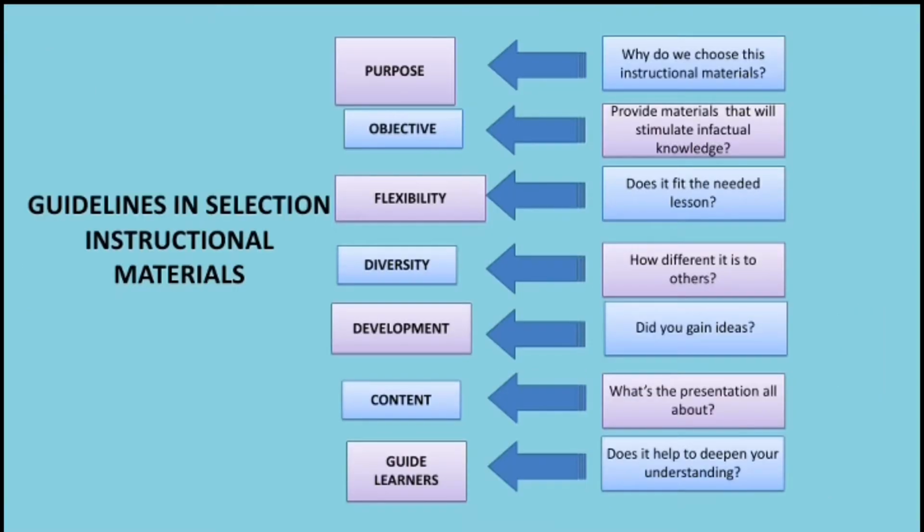Guidelines in the selection of instructional materials. We have 7 guidelines: the purpose, the objective, the flexibility, the diversity, the development, the content, and lastly, the guide to learners. So, let's talk about the purpose of guidelines in selection.